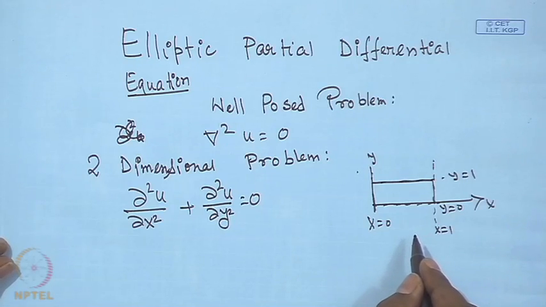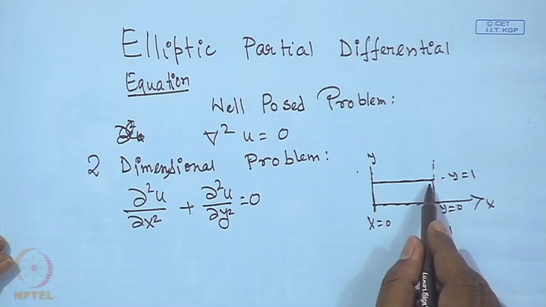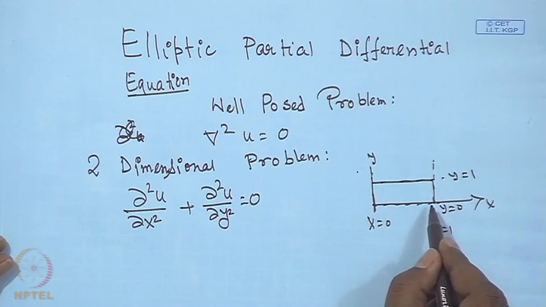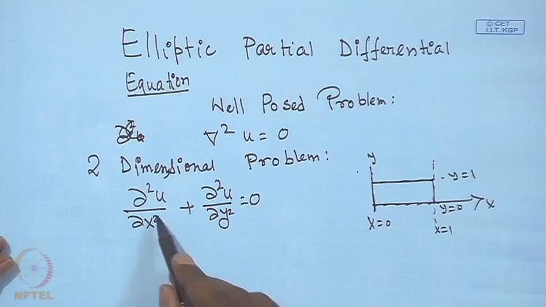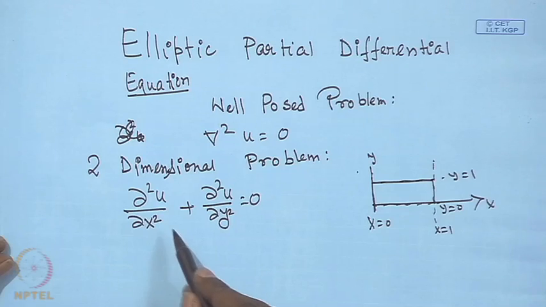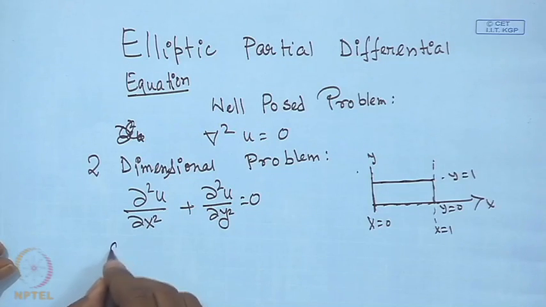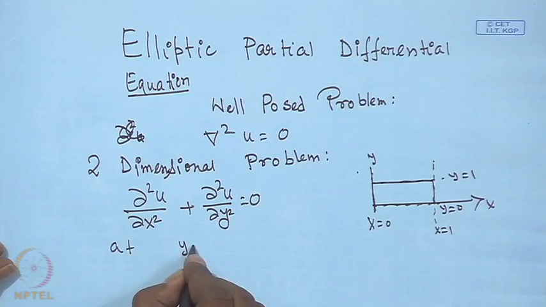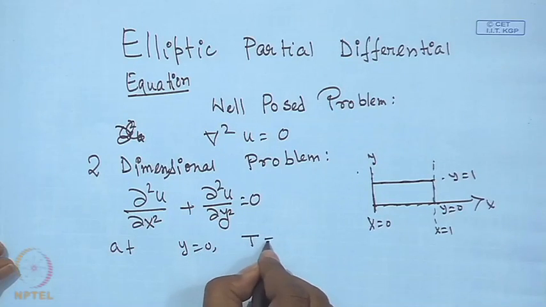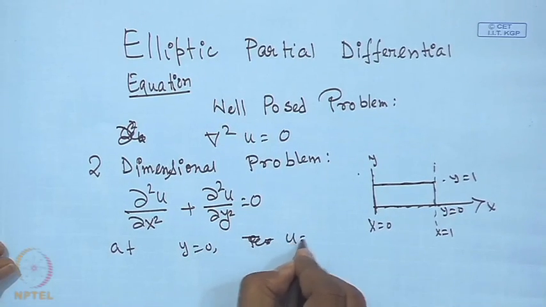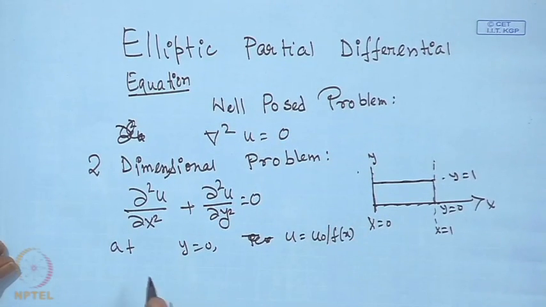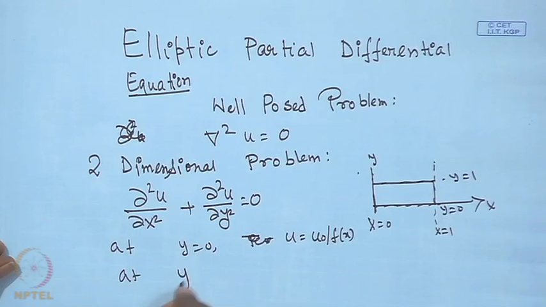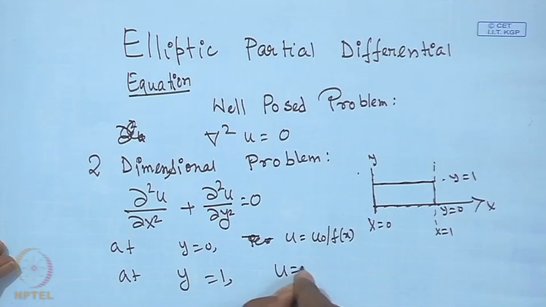So, let us consider a square slab, covered by the control volume, and denoted by this equation del square u by del x square plus del square u by del y square. Now, let us assume that at y is equal to 0, u is a constant, or in general a function of x. At y is equal to 1, u is equal to 0.